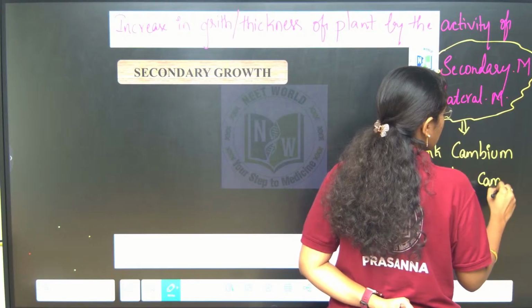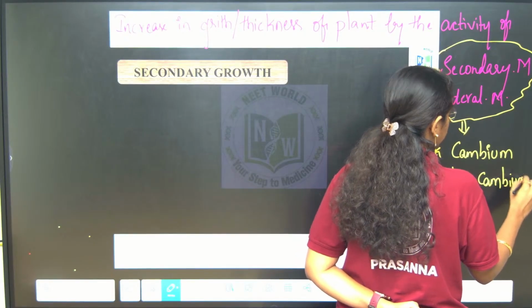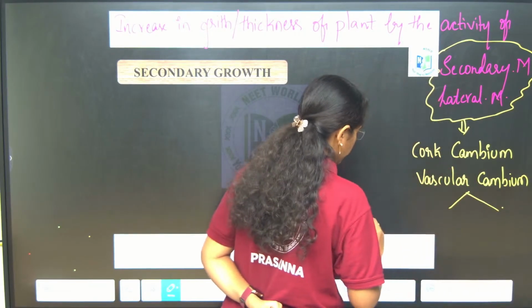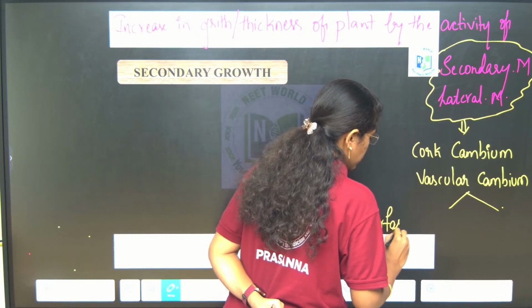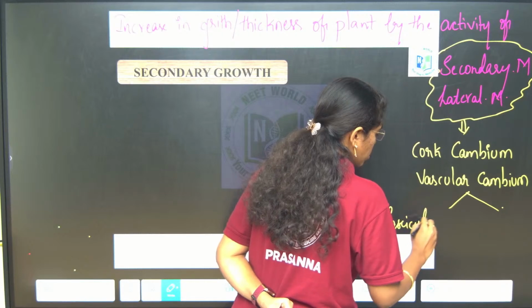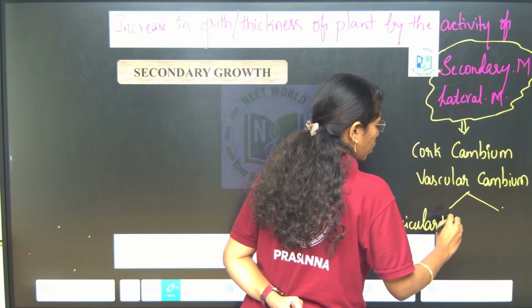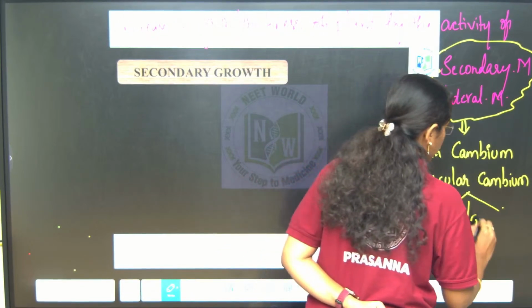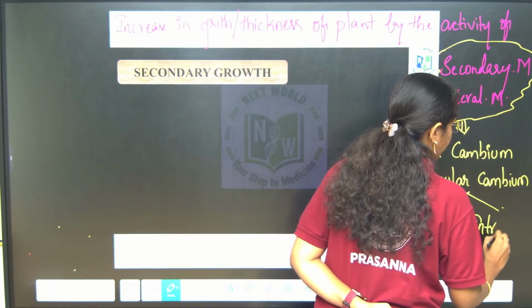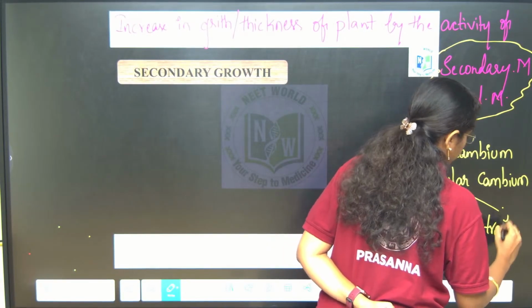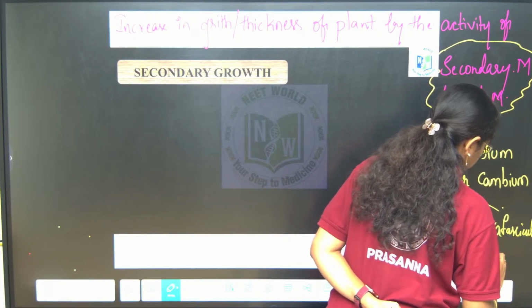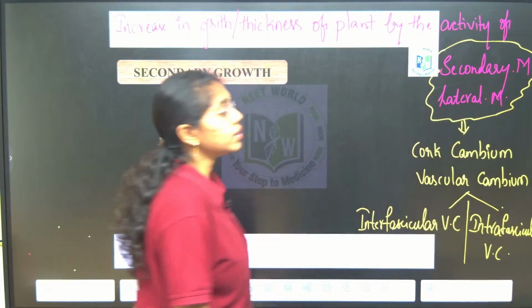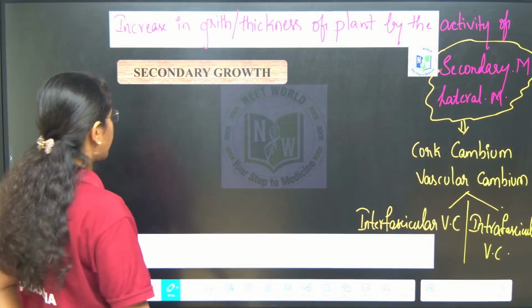This vascular cambium can be interfascicular vascular cambium, or intrafascicular vascular cambium, that is fascicular vascular cambium. So this is about secondary meristems and lateral meristems.